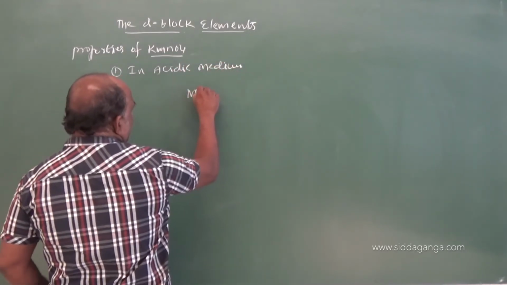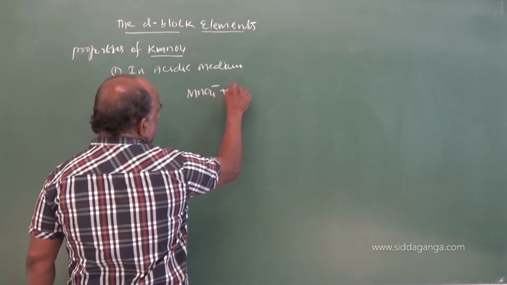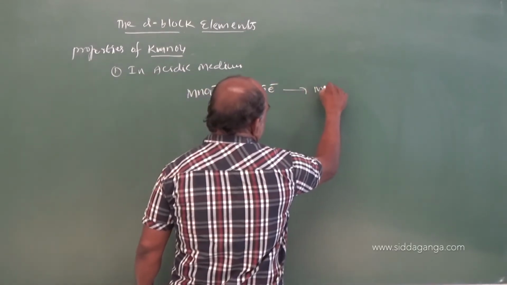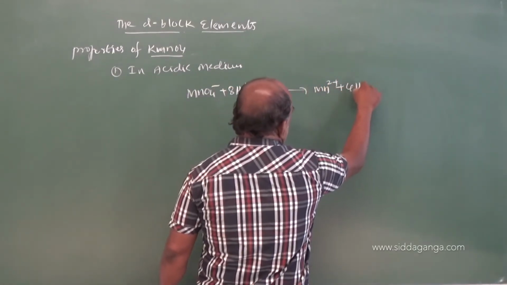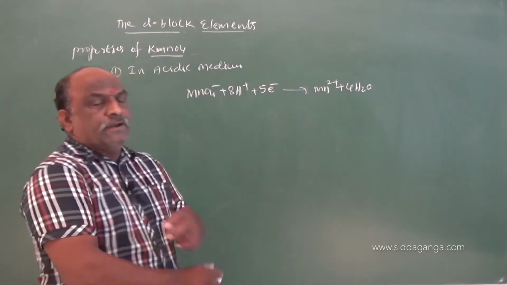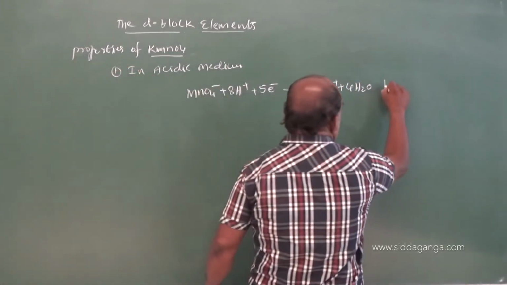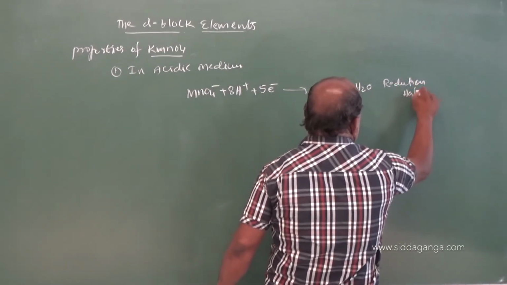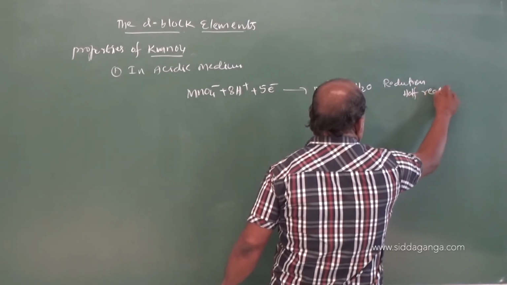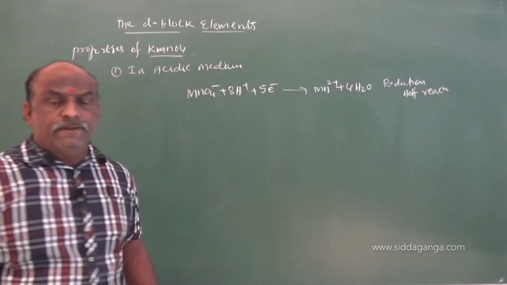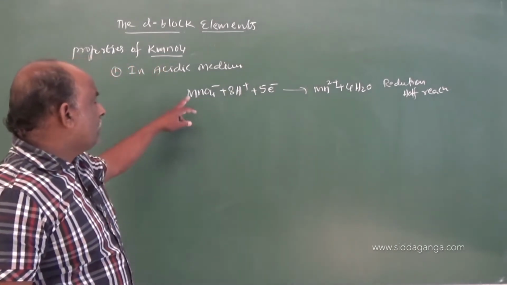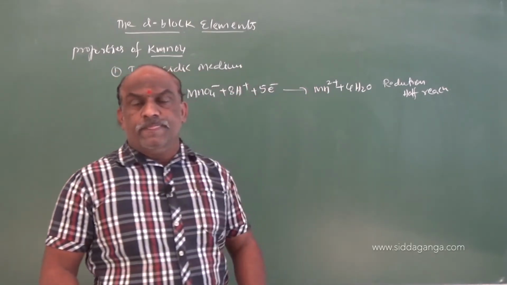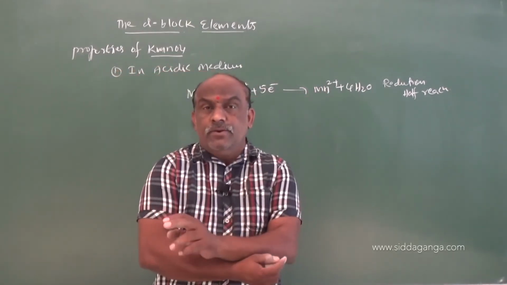you should remember this: MnO4 minus plus 8H plus plus 5 electrons gives Mn2 plus plus 4H2O. In acidic medium, it is a reduction reaction. In acidic medium, MnO4 minus is converted into Mn2 plus.